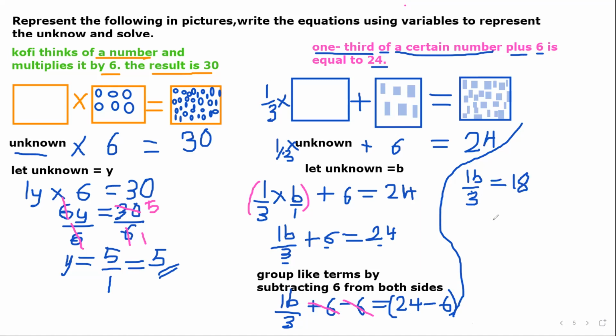Okay. Then every whole number is over 1. When you reach here, you do your cross multiplication.